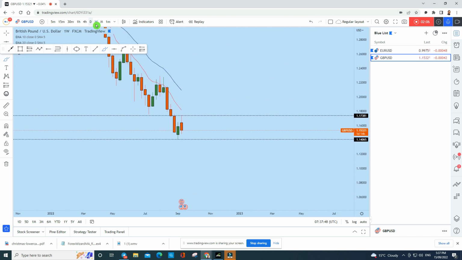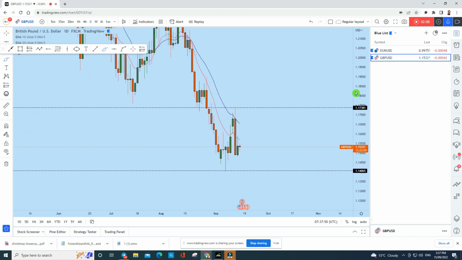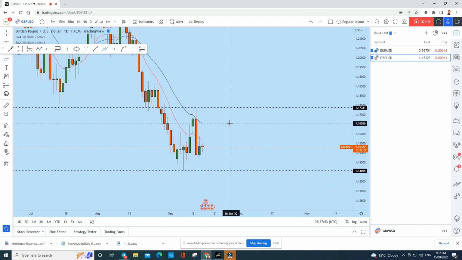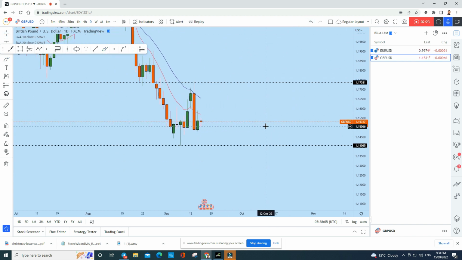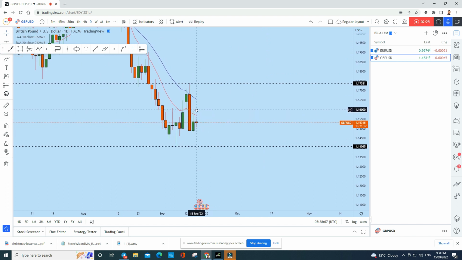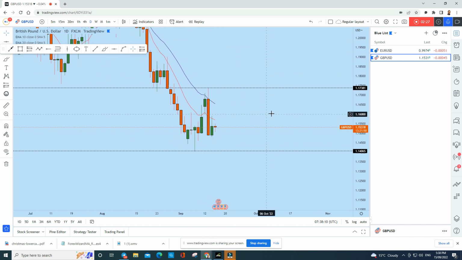Now if you look at the daily time frame on British pound US dollar, we have seen nice looking price action with this daily candle. This is a very strong bearish candle, a bearish engulfer, that tested this 20 period moving average and then aggressively dropped towards the downside, followed by yesterday's narrow green candle.